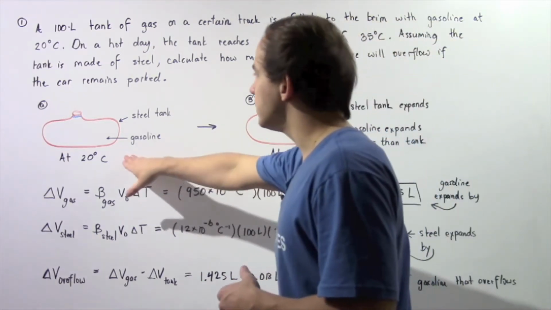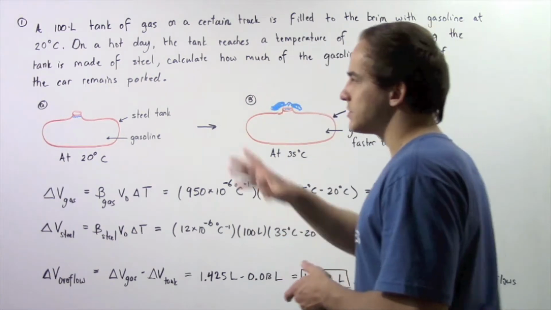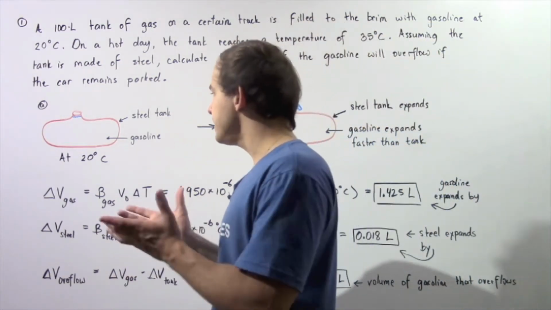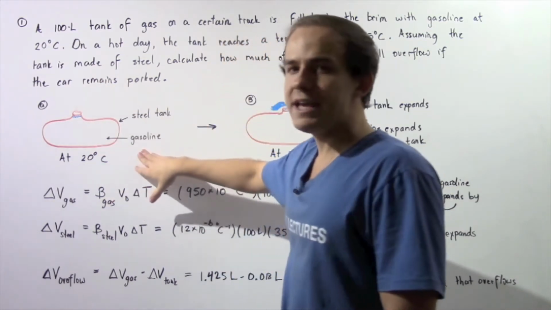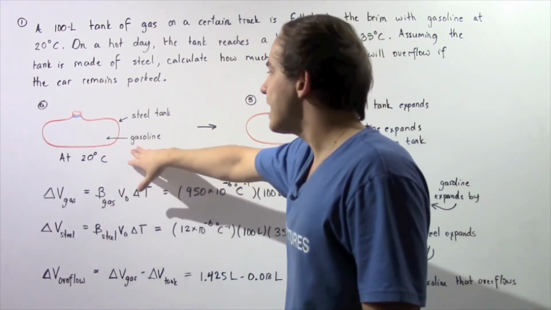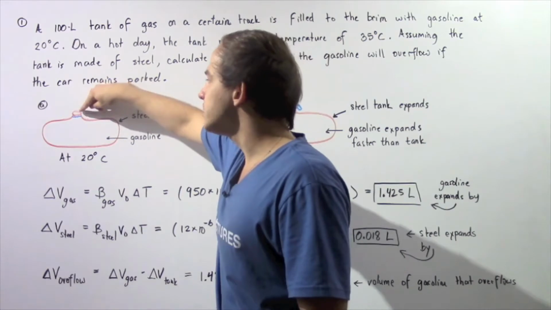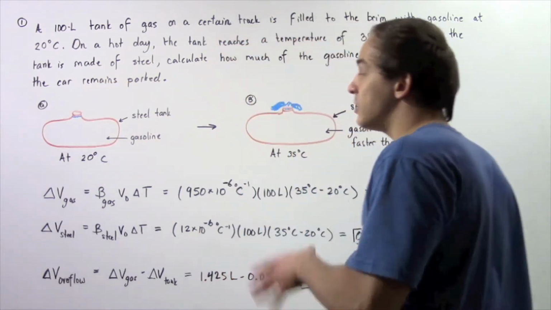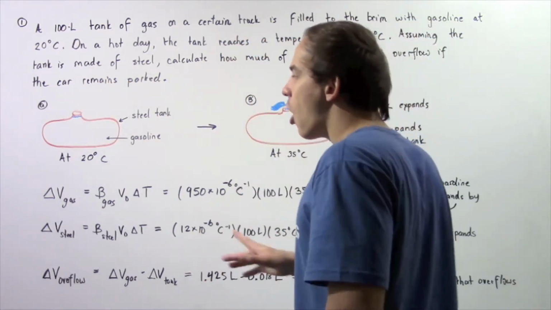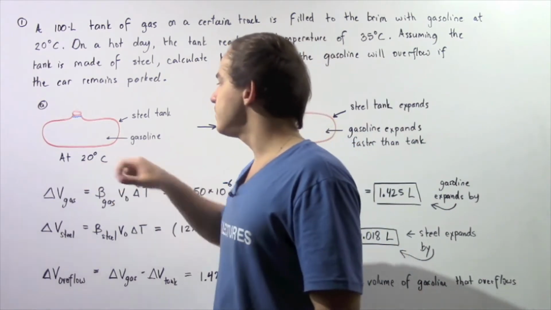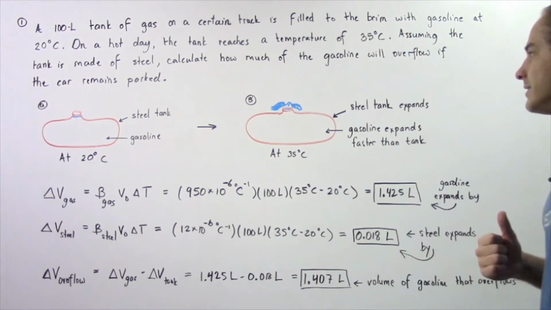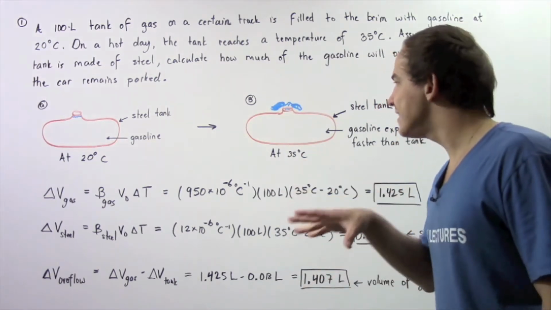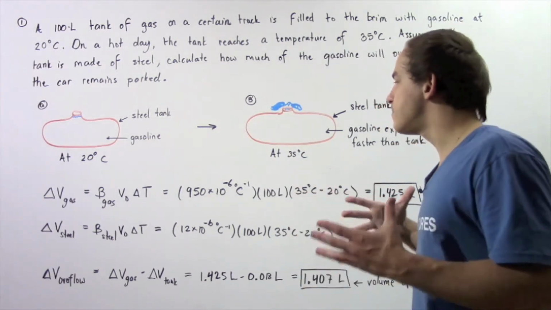So let's begin by looking at the following two diagrams. In diagram A, we have a depiction of our steel tank, and inside the steel tank, we have the gasoline. Now, the gasoline is filled to the top of our steel tank, and the gasoline and the tank are at the same temperature given by 20 degrees Celsius. Now, on a very hot day, the tank and our gasoline both expand.